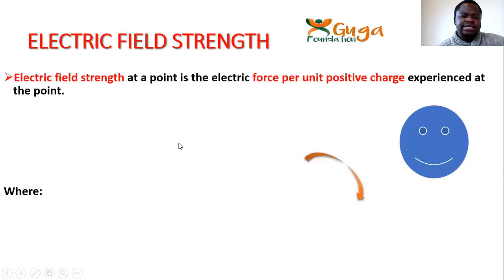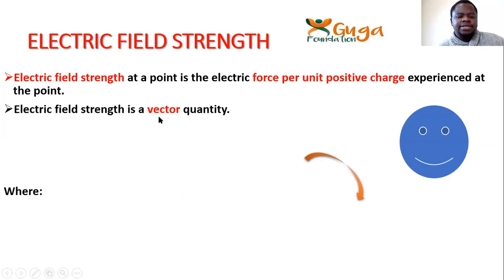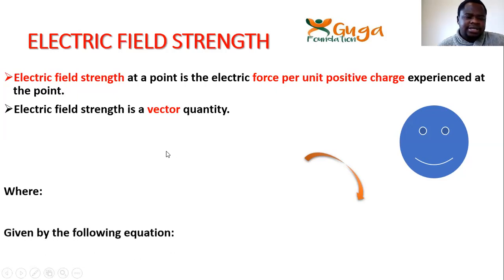So let's look at the electric field strength. Electric field strength at a point is the electric force per unit positive charge experienced at the point. Electric field strength is also a vector quantity.